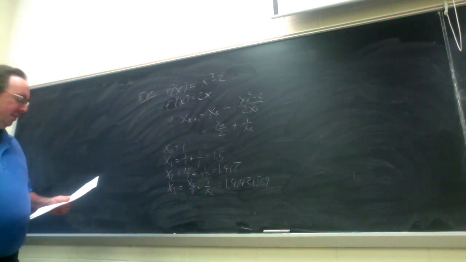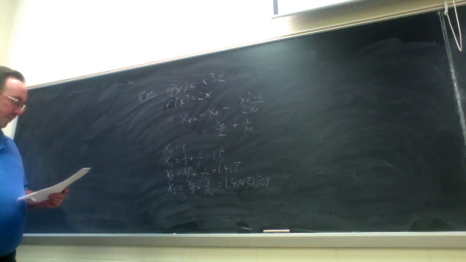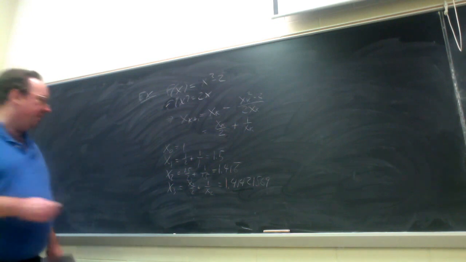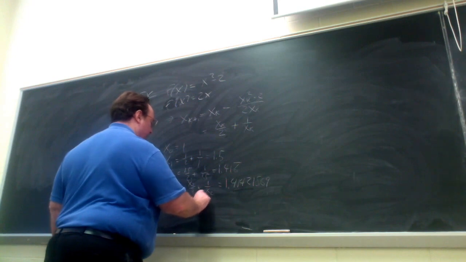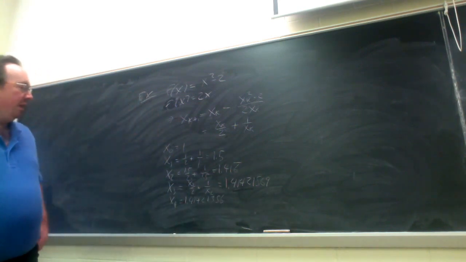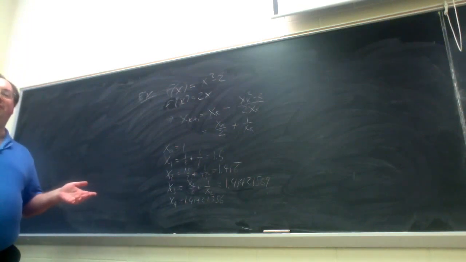In fact, if we do a couple more, up to x5, we'll get up to 8 decimal places on the very next iteration. If you look at the error, the number of correct decimal places is roughly doubling from one iteration to the next.